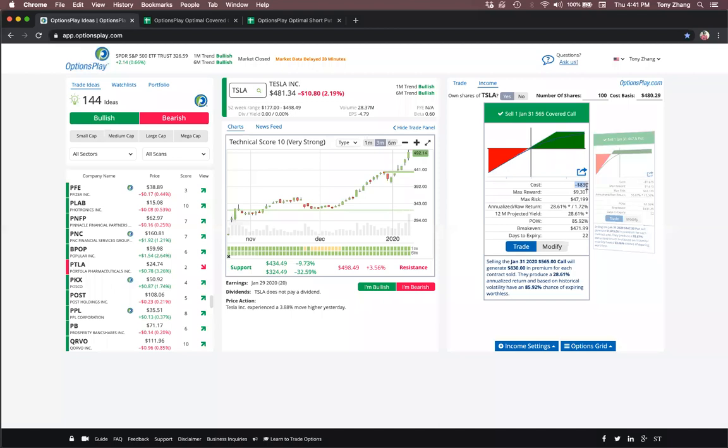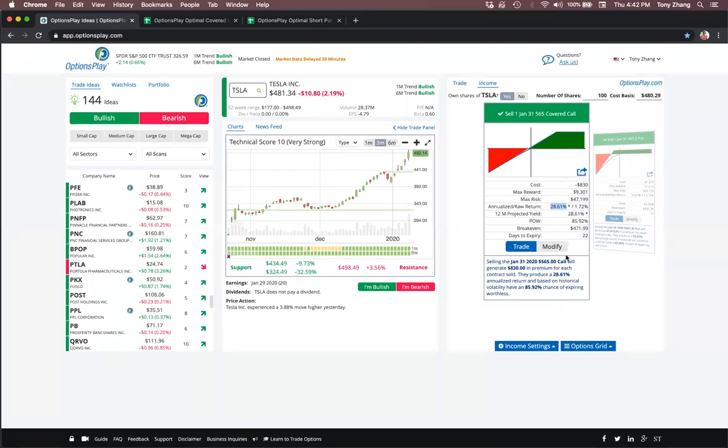But look, $830 in income in just 22 days on a stock that pays you zero dividends. So if you own the stock, you're getting paid nothing. Here on a covered call, you're getting paid $830 in just 22 days, which is 1.72% of the underlying stock price, which annualizes out to a 28% yield just waiting for your stocks to rally.